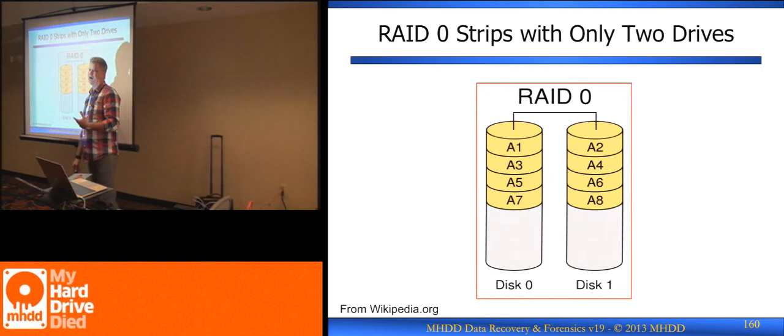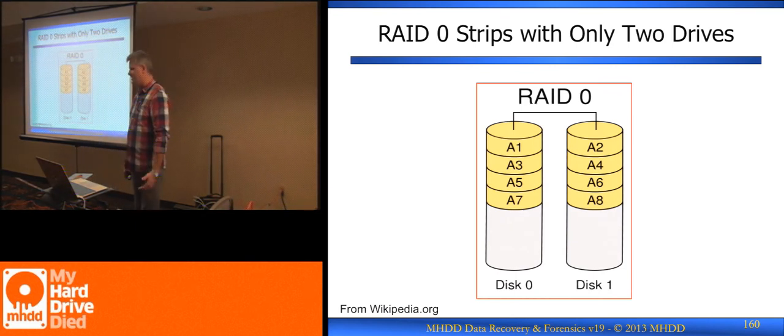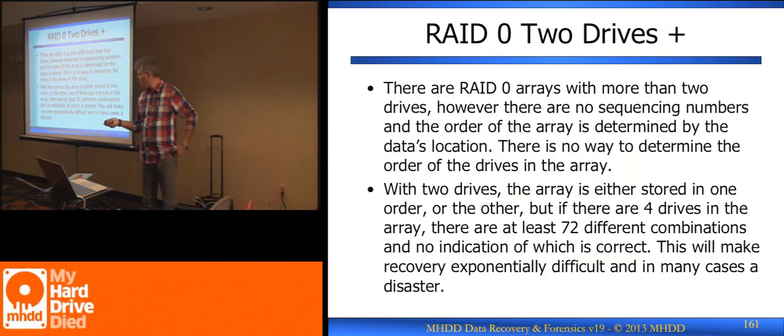I don't normally see an odd number like 3. If I saw 3, I'd probably think it's RAID 5 right away, but it does happen here and there, but for the most part, it's a controller with 2 or 4, and not a lot more. And then some of them can be reconfigurable, like a Buffalo RAID array, Buffalo TeraStation can be reconfigured with their 4 drives to become RAID 5.